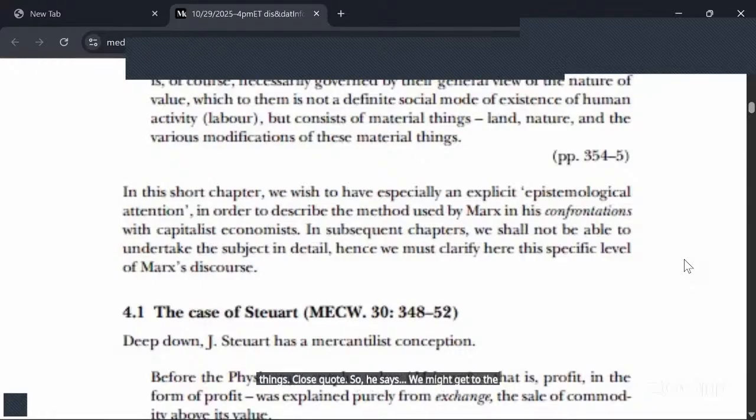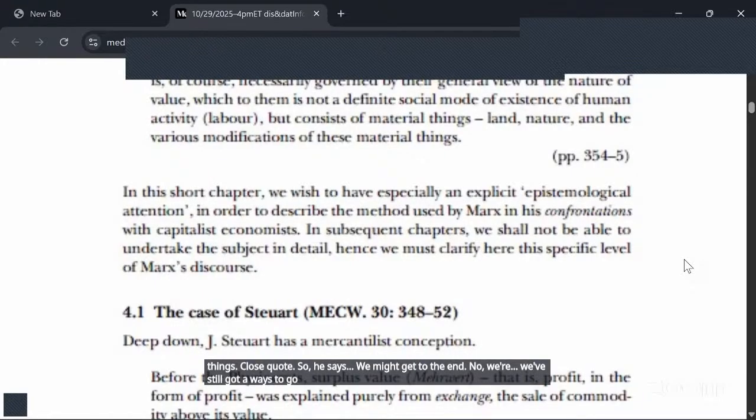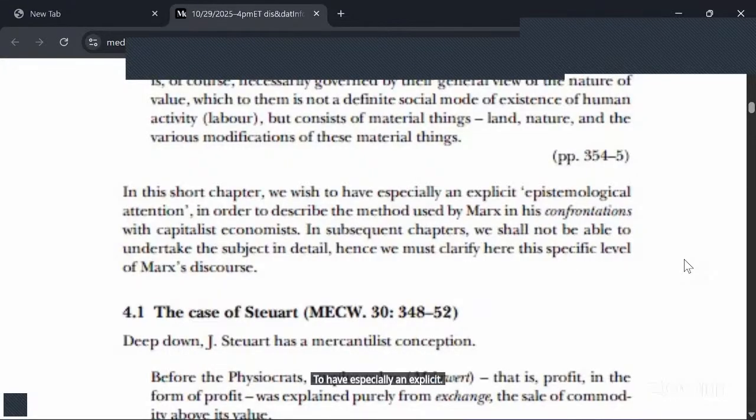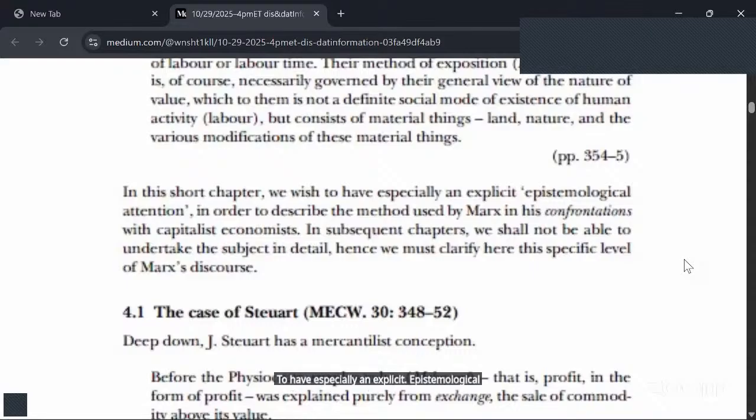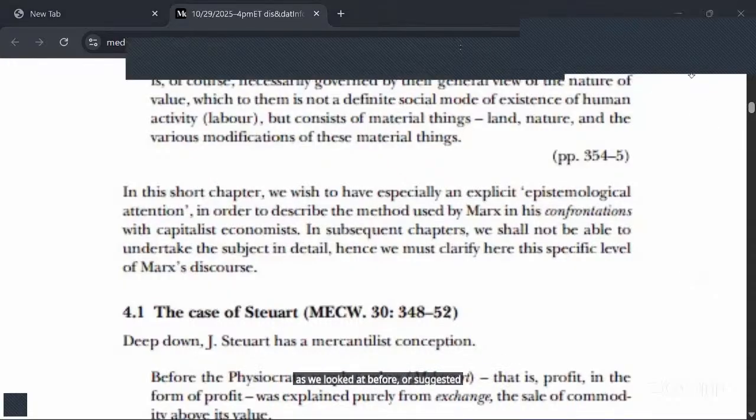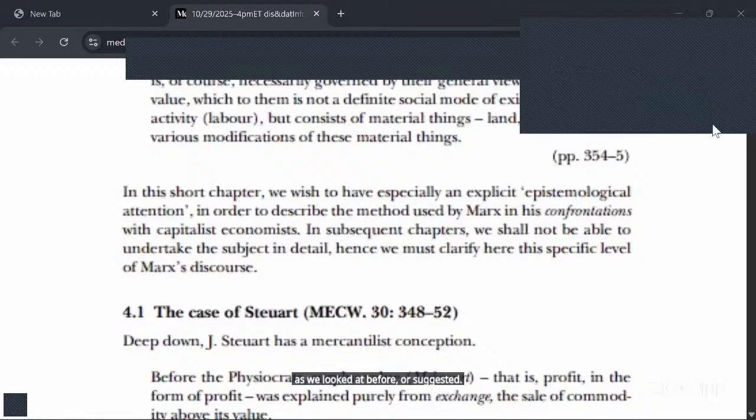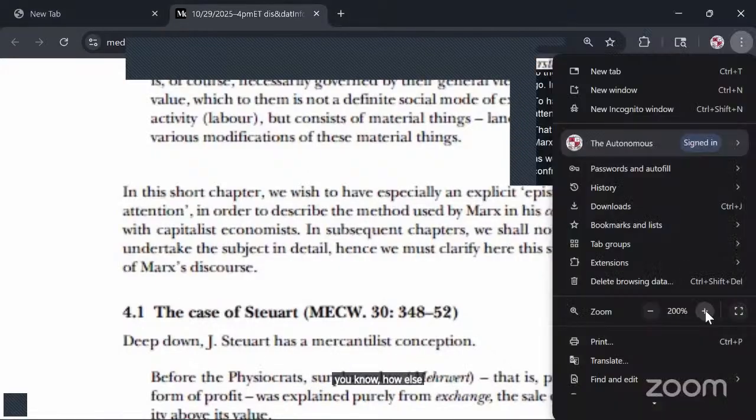So he says, we might get to the end. Now we've still got a ways to go. In this short chapter, we wish to have especially an explicit epistemological attention, that is, in order to describe the method used by Marx in his confrontations. You know, how else could it be a critique, right?